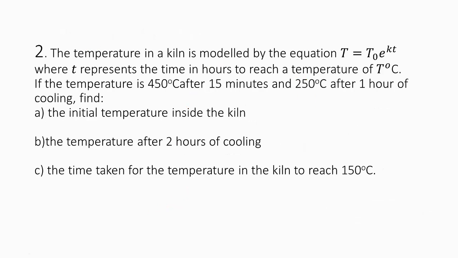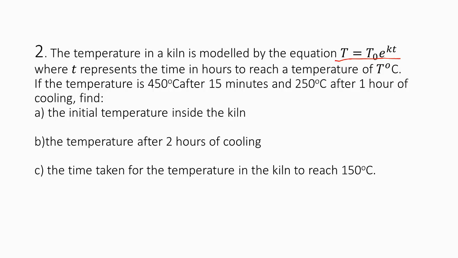Okay, let's do another one. Temperature in a kiln. This is a bit more complicated. Temperature in a kiln is modelled by the equation T equals T naught e to the kt. So they've given us the equation here. t is time to reach temperature, capital T, in degrees Celsius.